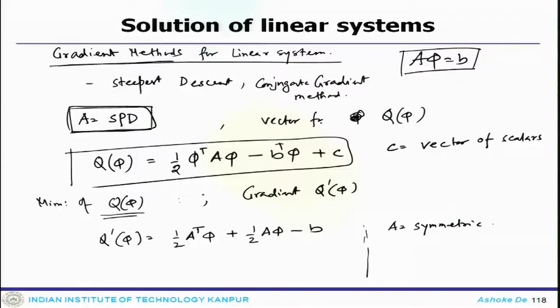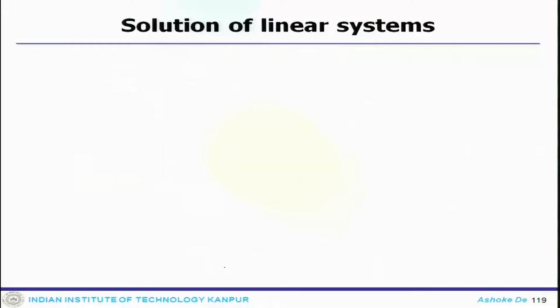As soon as you have a symmetric matrix, which means A transpose equals A, this equation boils down to Q prime phi equals A phi minus B. Now, how do I obtain the minimum?